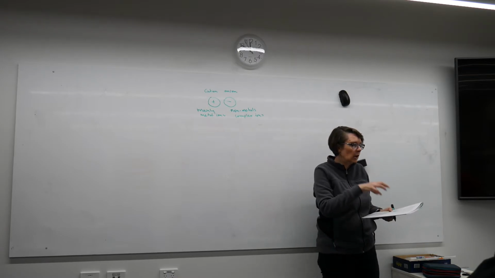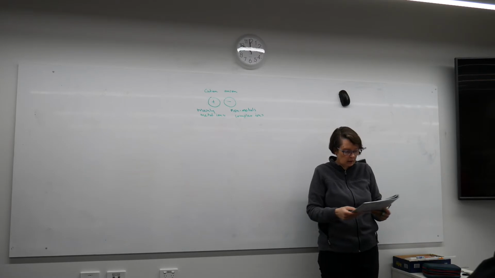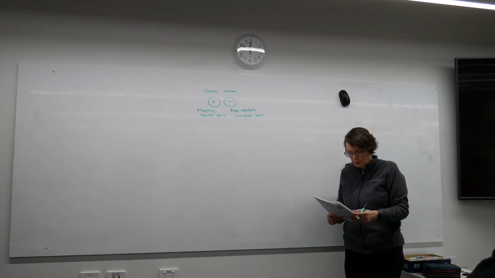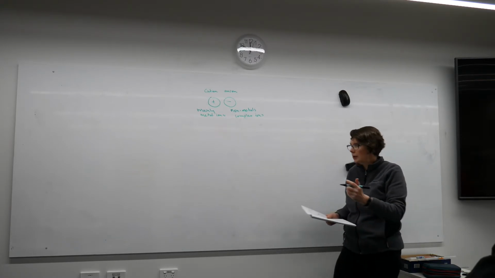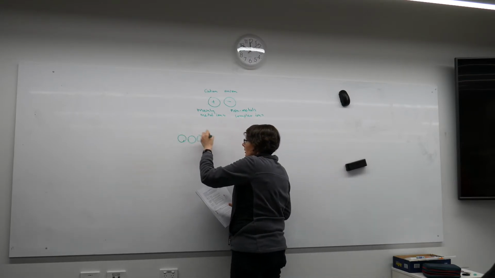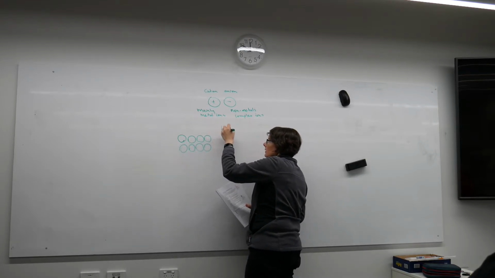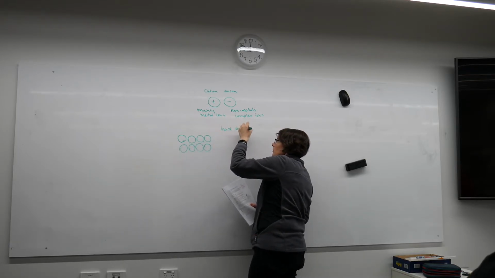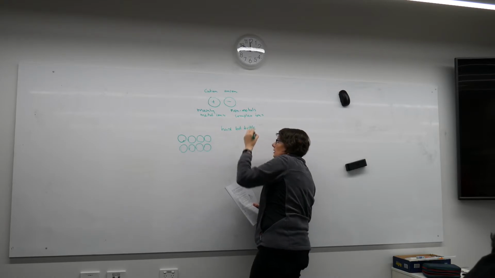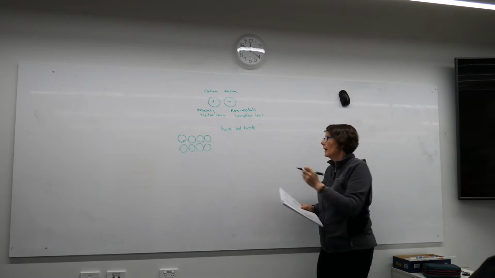We need charged particles moving to have electricity being conducted. The next property that we need to think about for our ionic compounds is that they are hard but brittle. What does brittle mean? Easily break.